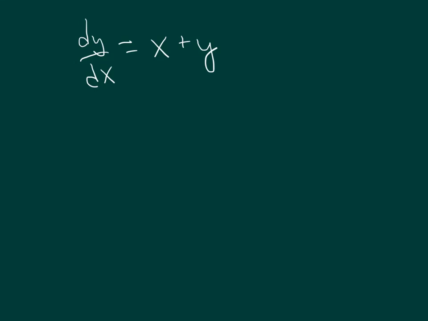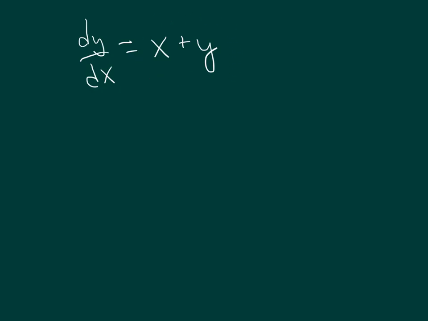We do know a few things, though, by just analyzing this. Whatever the solution of this looks like, I can tell you that the slope will be 0 if x and y are opposites.